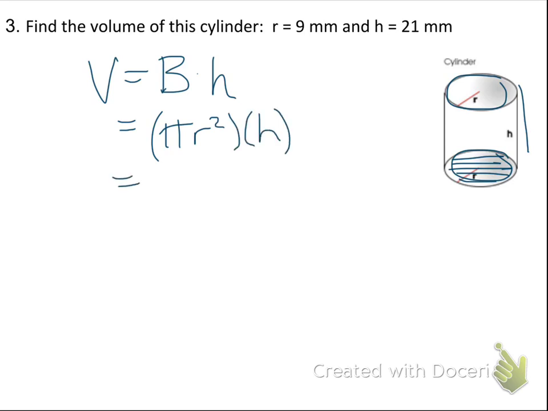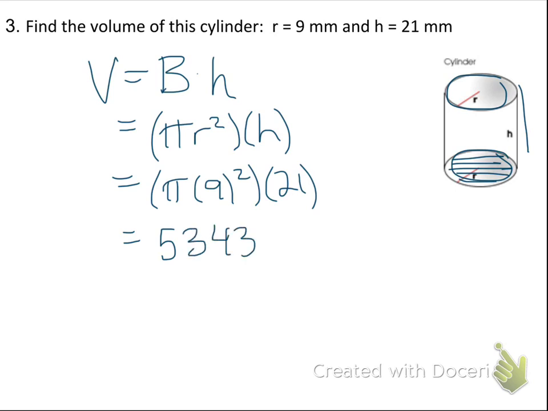This particular question says that the radius of the circle is 9 millimeters, and the height is 21. So we've got pi times 9 squared multiplied by 21, which if we round to the nearest tenth, is 5,343.8, and this one would be millimeters cubed.